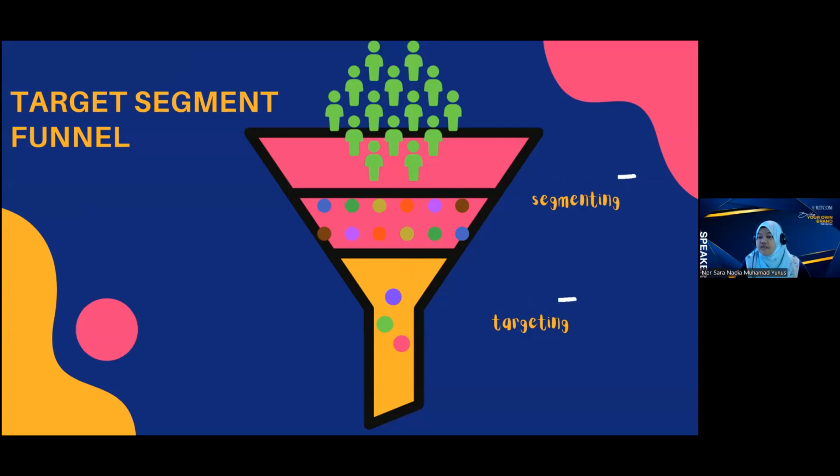Remember the keyword for segmentation is we divide the whole population. If we have a product and you don't know how to begin, remember to divide them first, and then we choose the best for us to serve. Okay, before we go to the next step, this is the third step, okay, it is the third step.